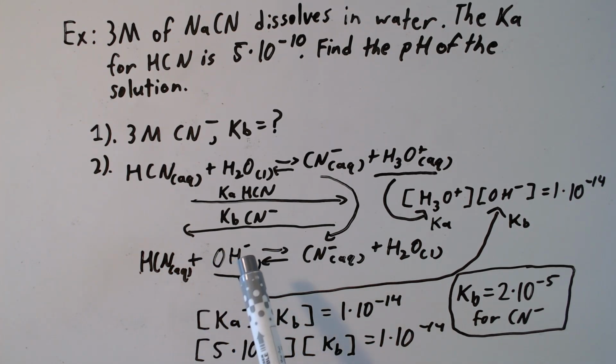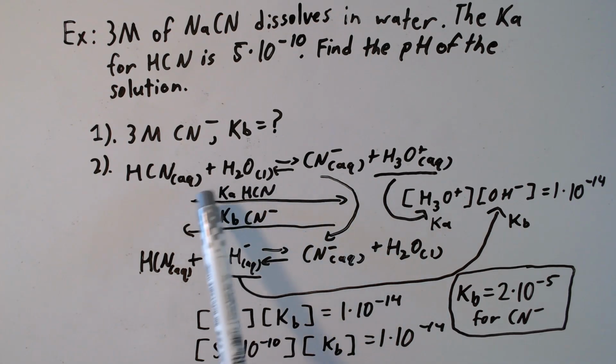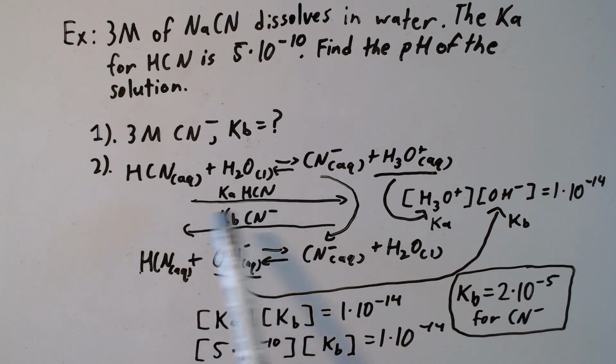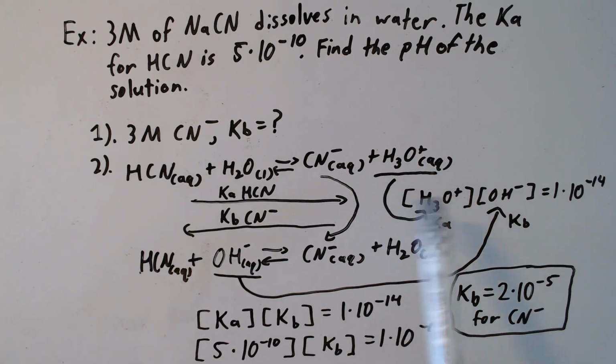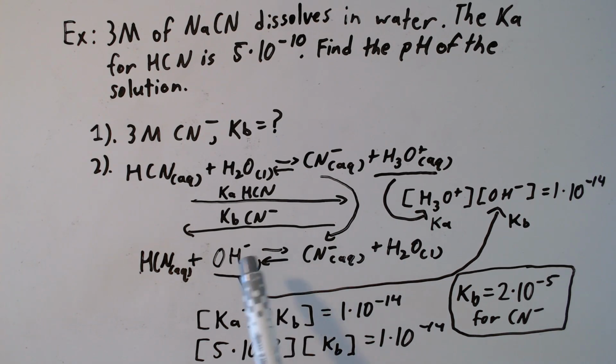So essentially, this Ka can be seen as a measure of the concentration of H3O+ produced, because it shows how much this acid will dissociate to produce H3O+. And this Kb can indirectly be used as a measure to show how much OH- is produced.